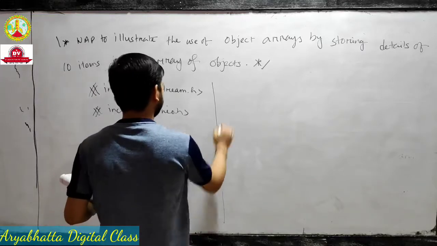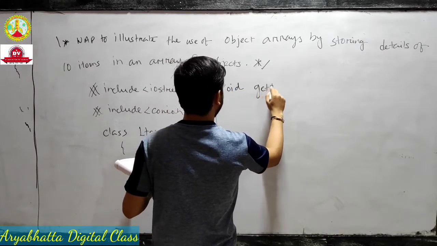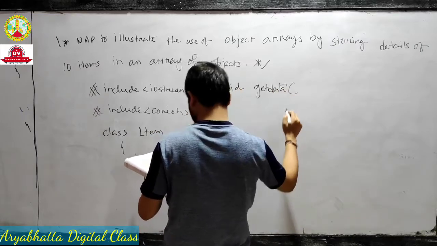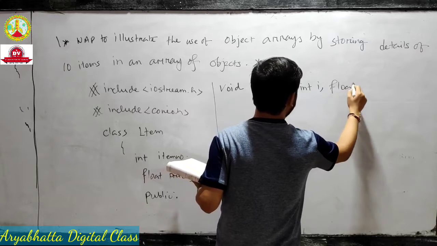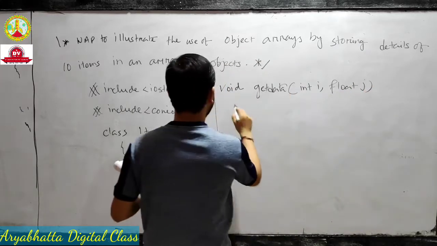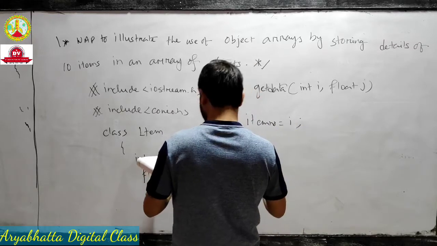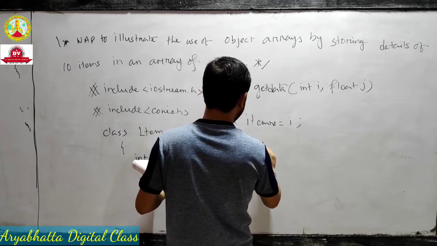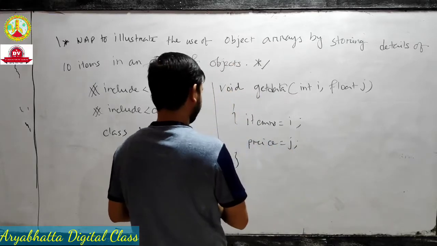Public: after this you write void getdata member function with int i, float j. The item number is assigned to variable i, and the price is assigned to variable j.